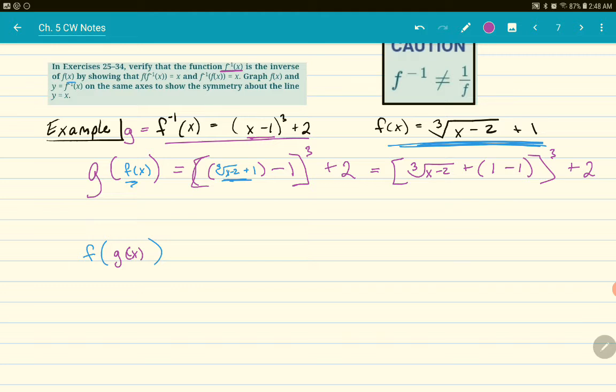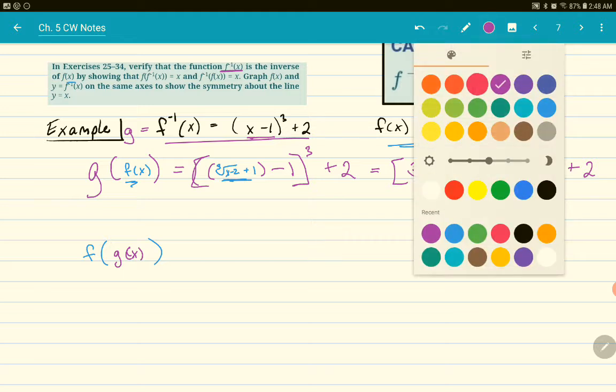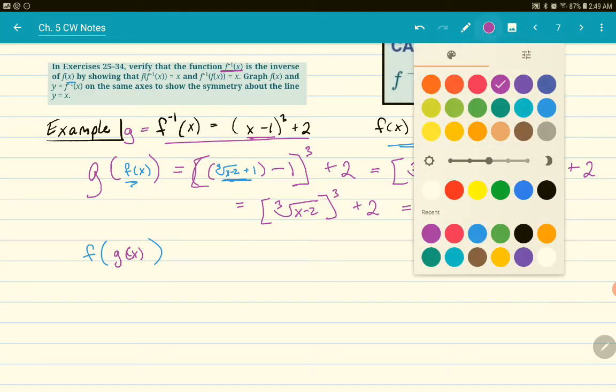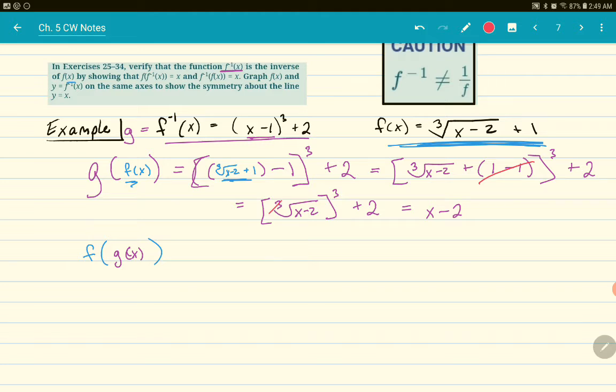And then when I do that, my 1 minus 1 cancels, and I'm left with the cube root of x minus 2, cubed, plus 2. And the cube root of x minus 2, cubed, is x minus 2. Those two cancel. The cube root and the cube cancel.